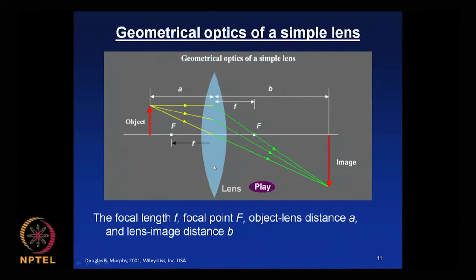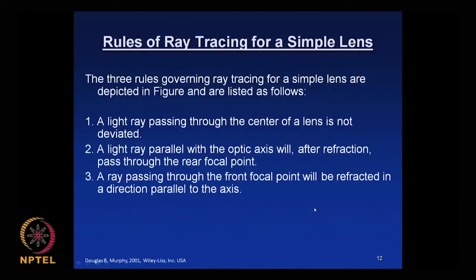Why is it so? We have some set of rules called rules of ray tracing for a simple lens. These rules are an assumption on Snell's law. Snell's law is not strictly followed.